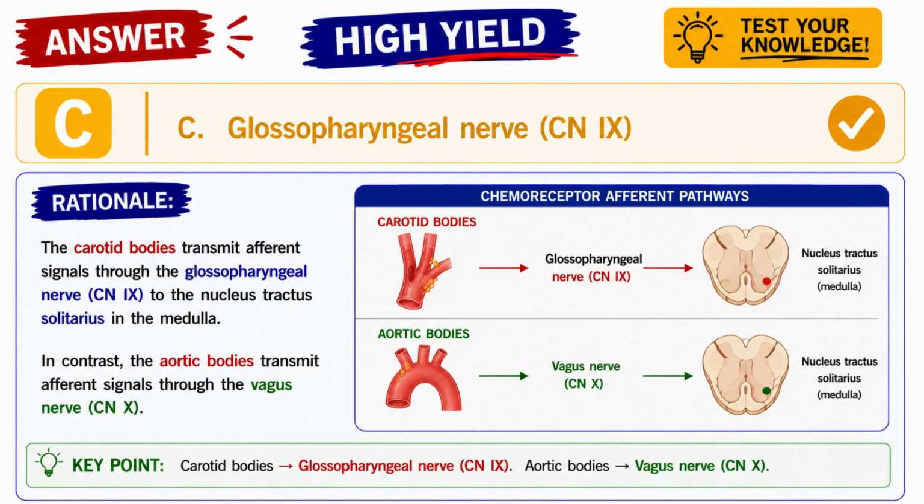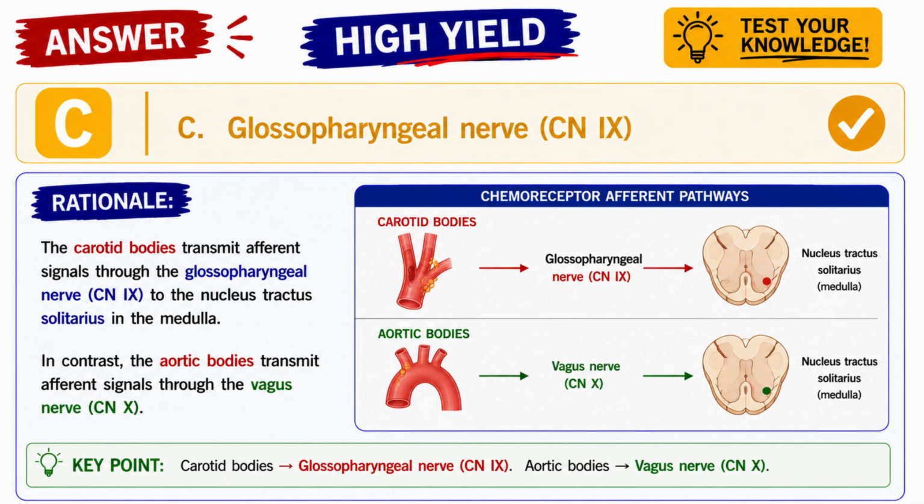The carotid bodies, located at the bifurcation of the common carotid artery, are the dominant peripheral chemoreceptors in humans. They send their afferent signals via the carotid sinus nerve, a branch of the glossopharyngeal nerve, CN9, to the nucleus tractus solitarius in the medulla.